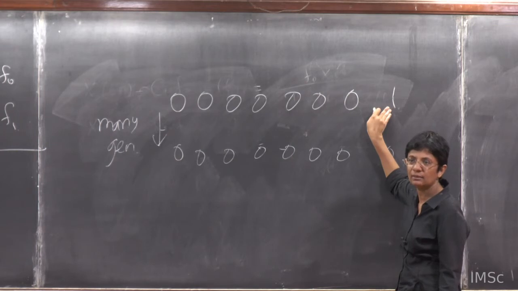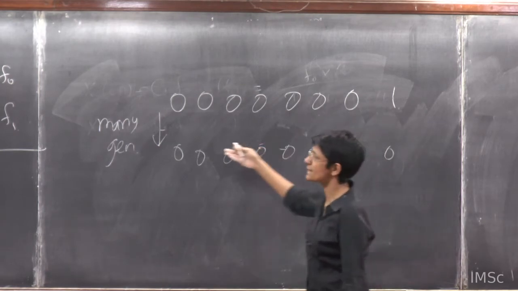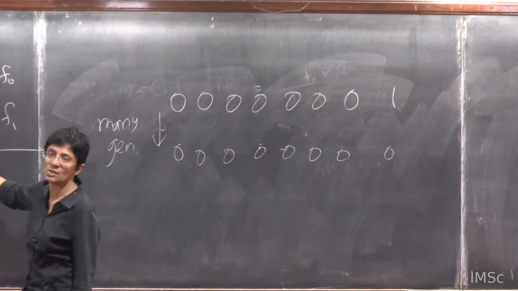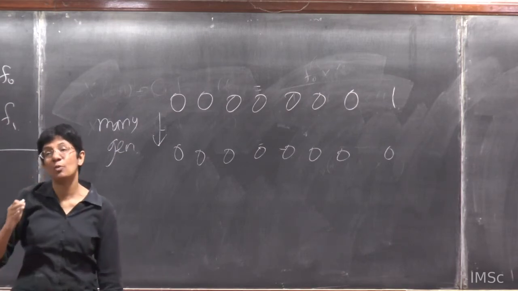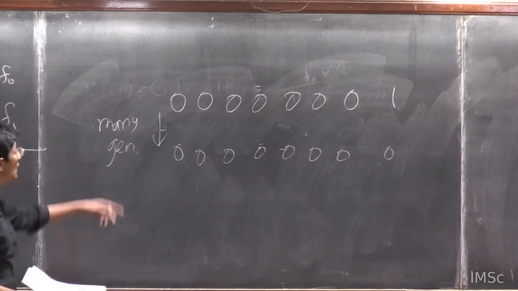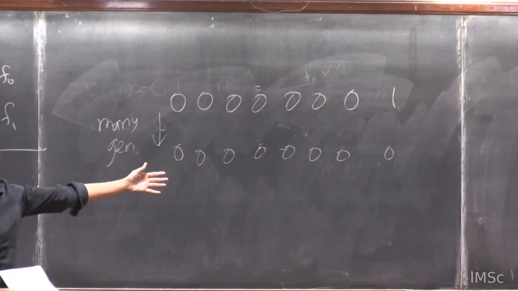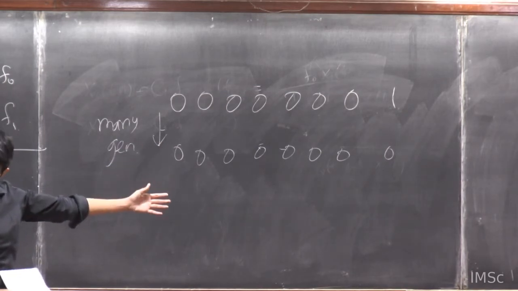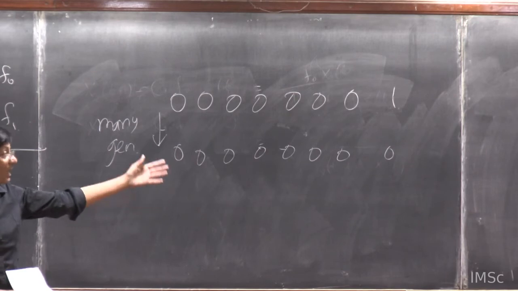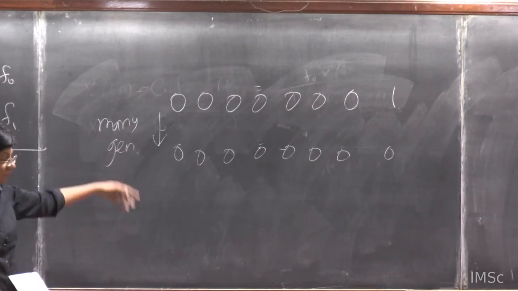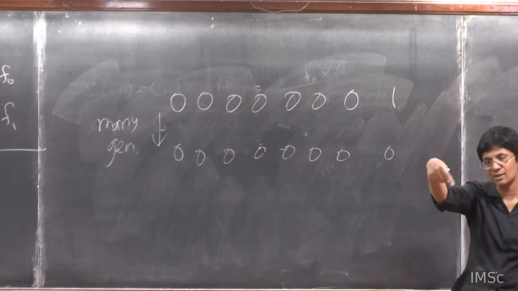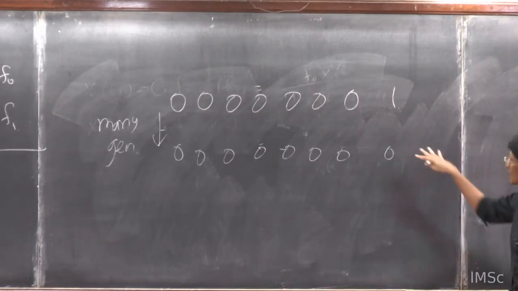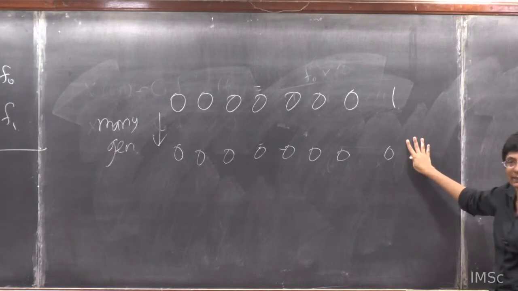Yeah? If S is negative, you can think this is the lower fitness one. You're saying S is positive. Whether S is positive or S is negative, this kind of thing is possible. Even if S were negative, I can still, okay, let me say it this way. Let me come to this. Actually, that's what I'm going to say a little later. Let me just stick with this one. Okay, so is this okay, right?